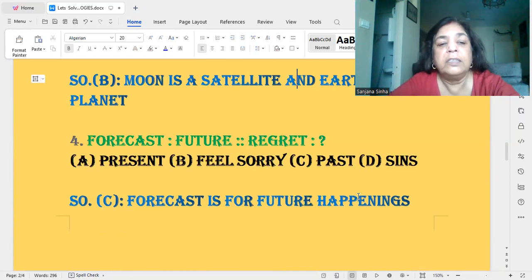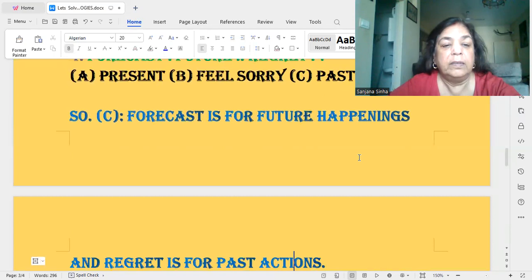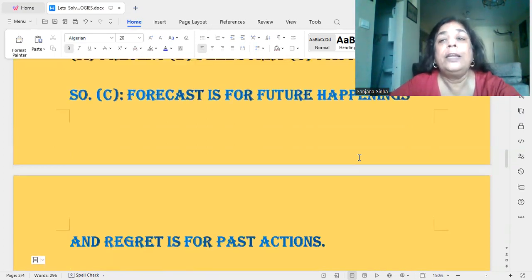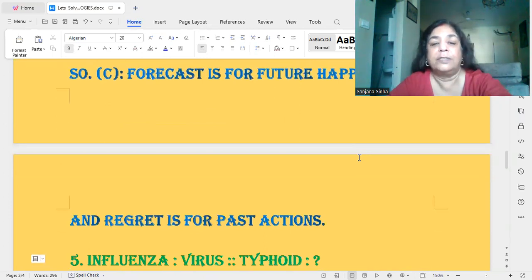Forecast is for future happenings and regret, remorse, is for past actions. So here your answer is past. Once again, forecast is for future happenings and regret is for past actions.